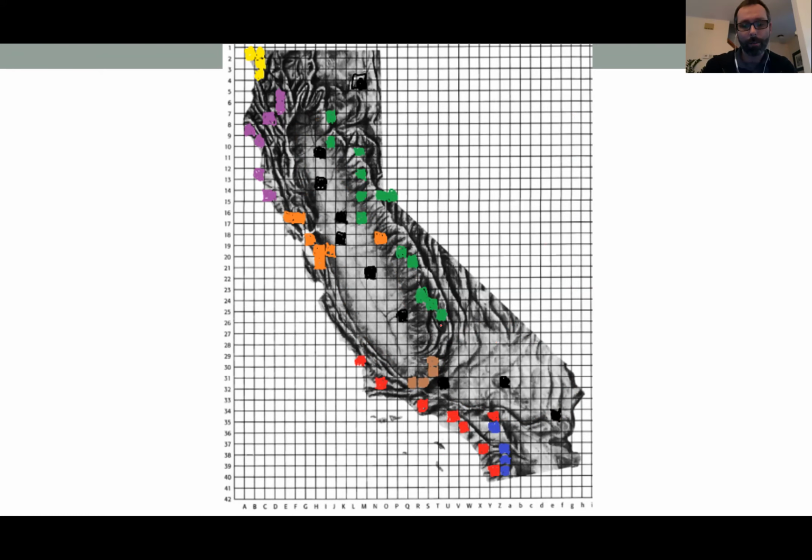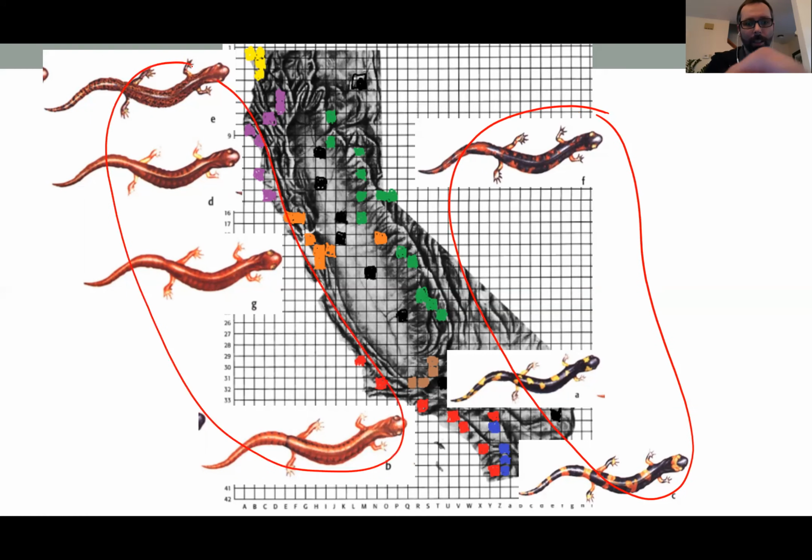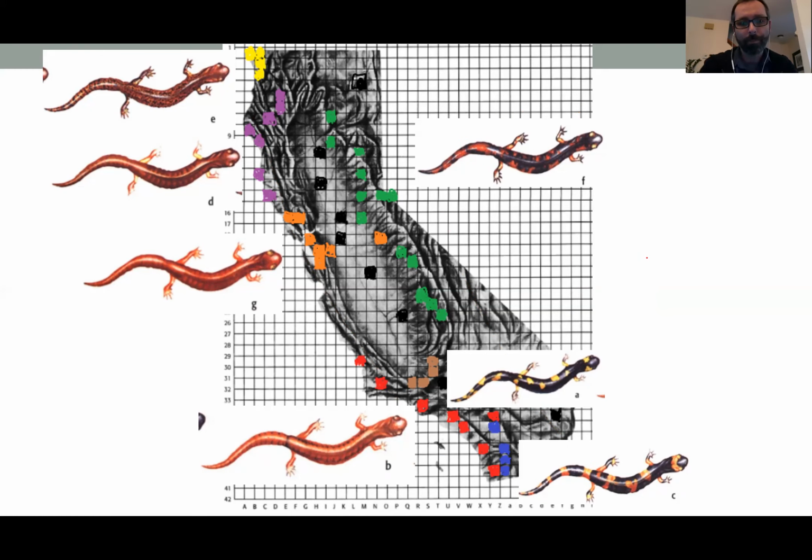And so then you were asked to put the pictures of the salamanders next to where they were found, and you saw this pattern where the spotted ones were found in the mountains inland, and the more solid colors were found on the coast, right?